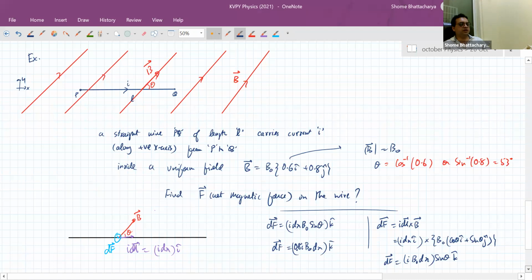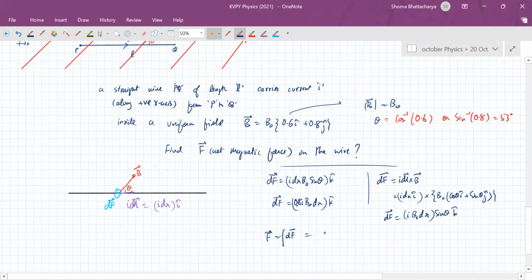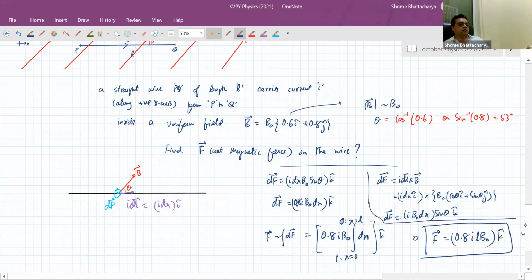So the net force will be coming out of the plane: 0.8 I B naught, integral dx from x equal to 0 to x equal to L, that is from the point P to the point Q. And the direction of this is along k cap. So this is another application example.